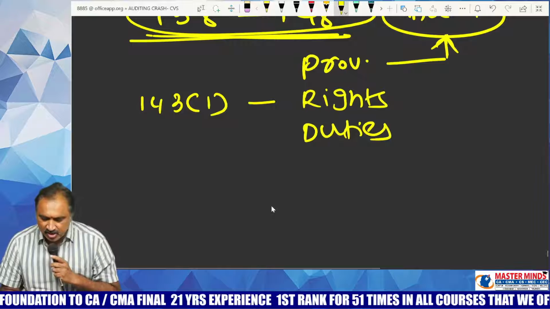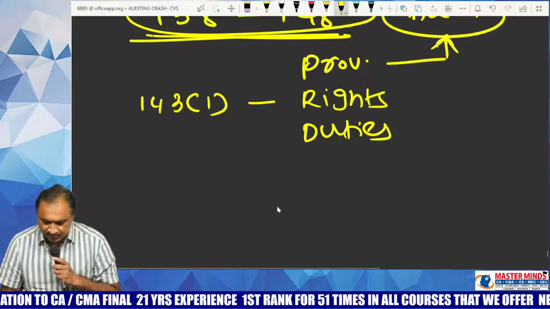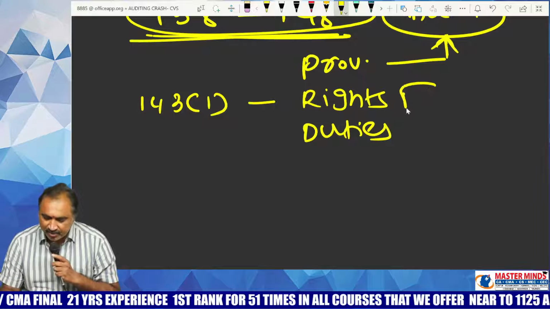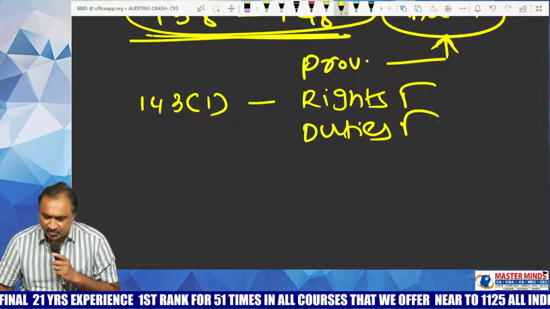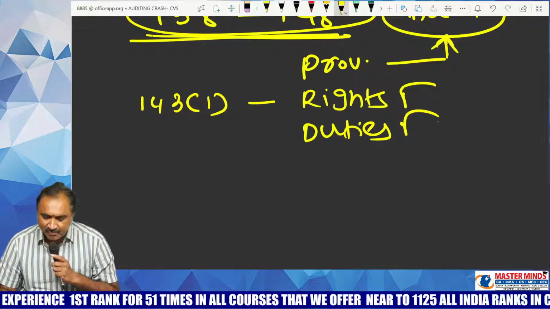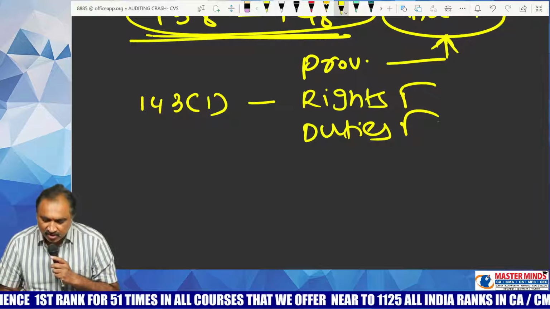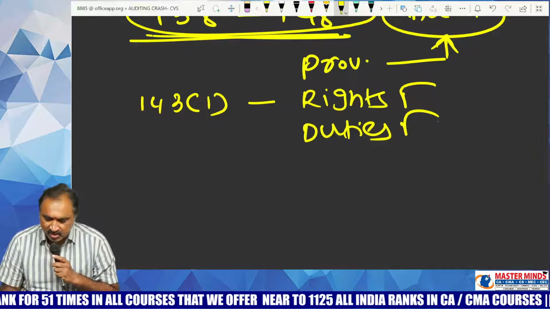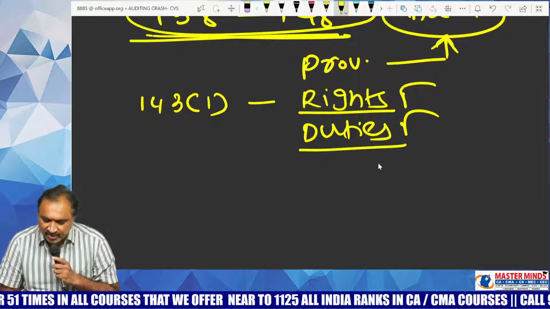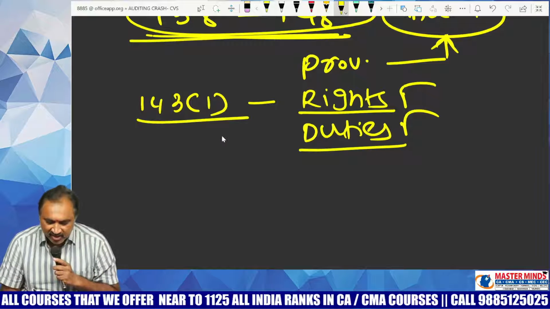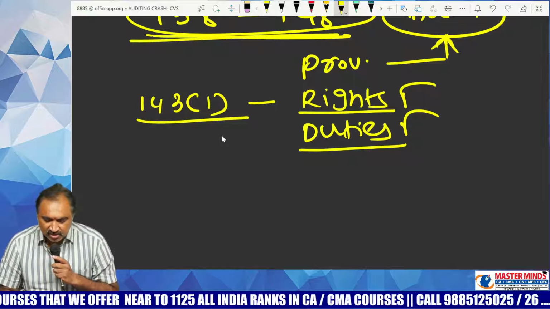This section is unique in that sense. Whenever you are appointed as the auditor of a company, what are the rights that you will get from the Act and what are your duties? Everything about auditors' rights and duties under the Companies Act has been given under section 143 subsection 1.